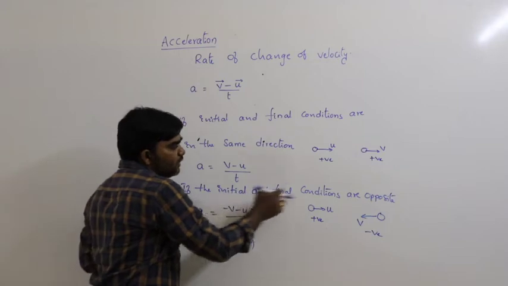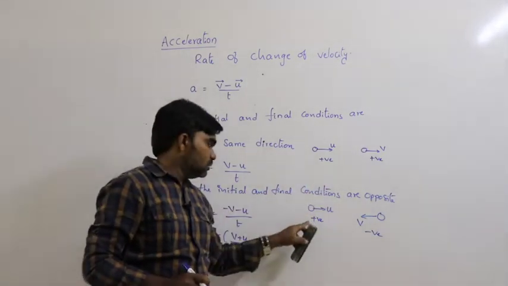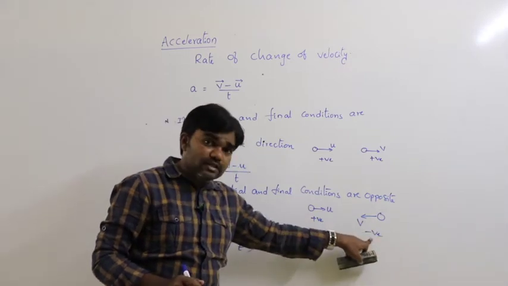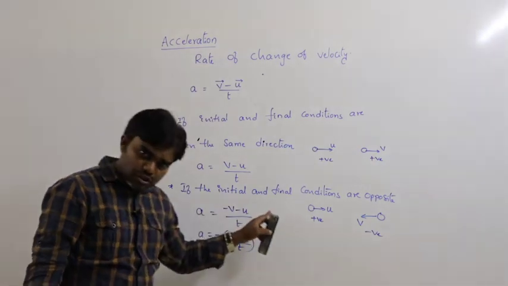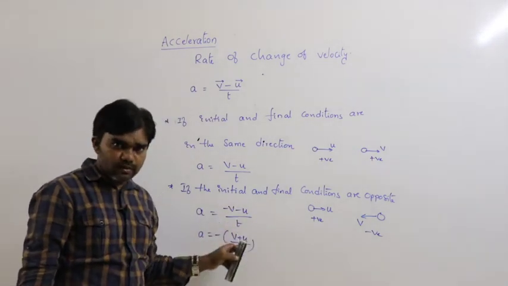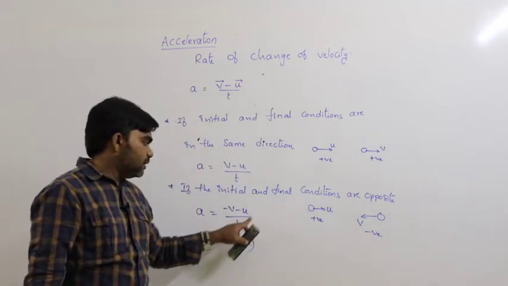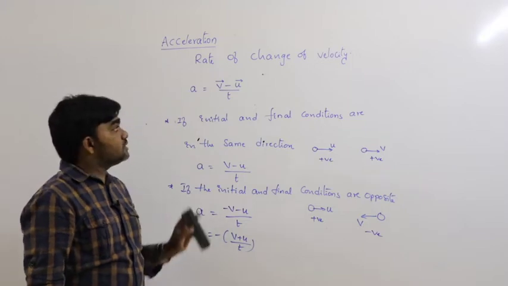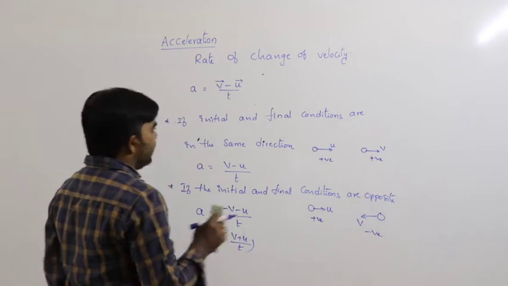If the initial and final conditions are opposite, then this is positive and this is in the opposite direction, that's why it is negative. Again according to the definition, acceleration is change in velocity by time, v minus u by t, but here v is negative, that's why minus v minus u by t, which is minus of v plus u by t. This is acceleration, the rate of change of velocity.